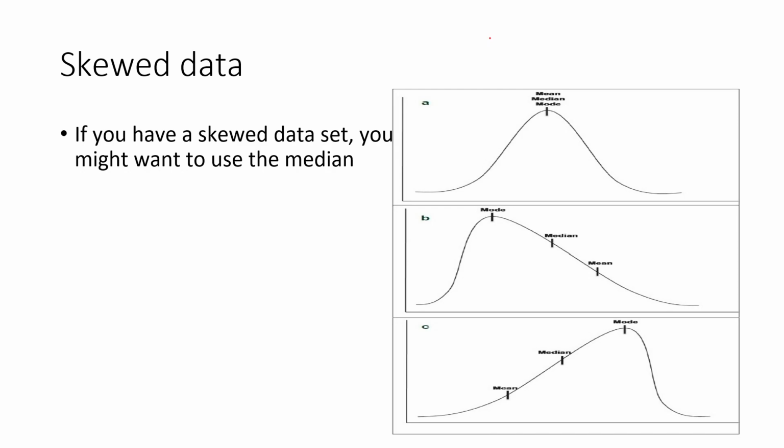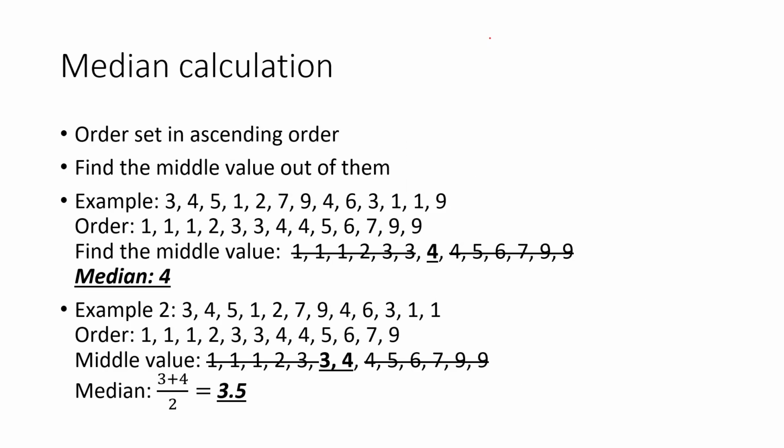Okay, how do you find the median? We order the set in ascending order, and we find the middle value. If you missed the last session, if it's odd, then you just take the data set. In this case, we have an example data set.